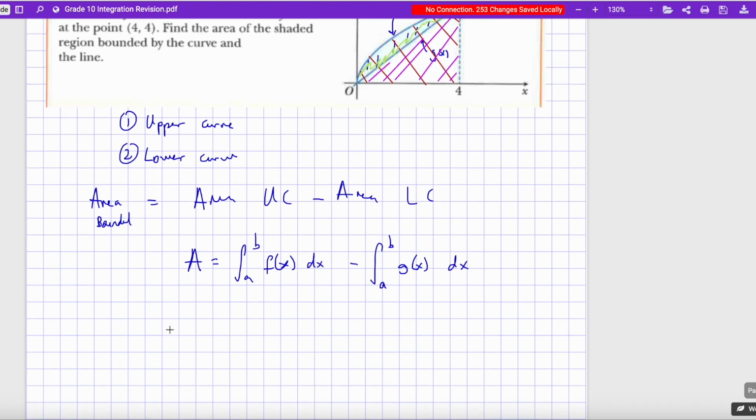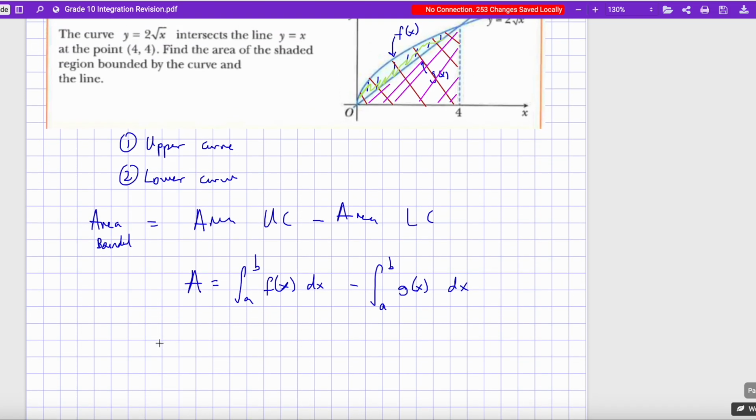To find the area of the bounded region, we integrate from 0 to 4 of the upper curve, in this case 2 root x dx, and subtract the integral of the lower curve, from 0 to 4 of x dx.